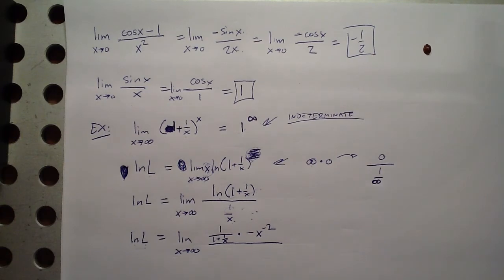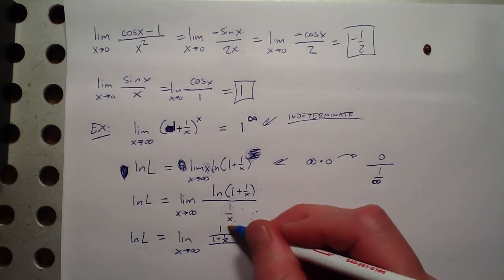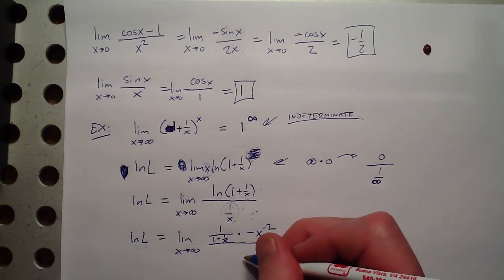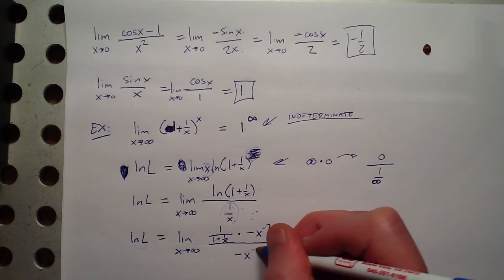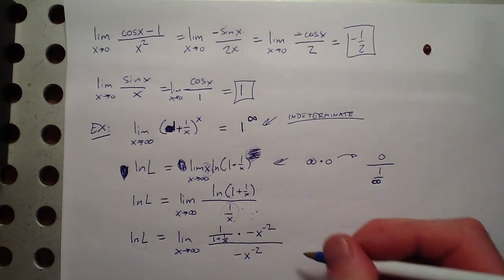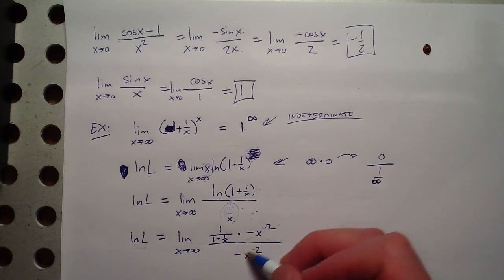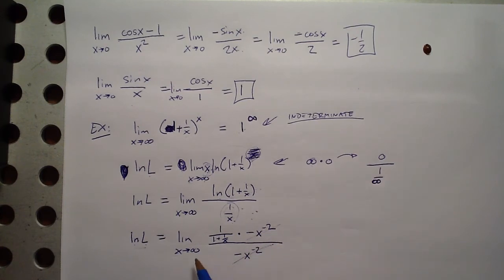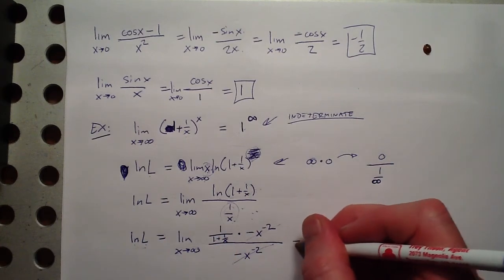Right? And then the derivative of the bottom is negative x to the negative 2. So those cancel out. I plug my infinity in here, and I get 1 over 1 plus 1 over infinity. 1 over infinity goes to 0, so that's 1 over 1. That's just equal to 1.